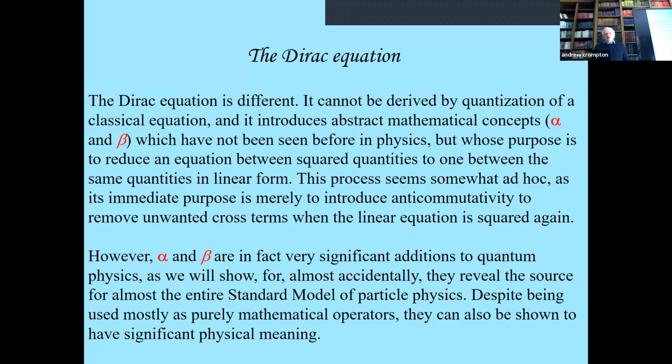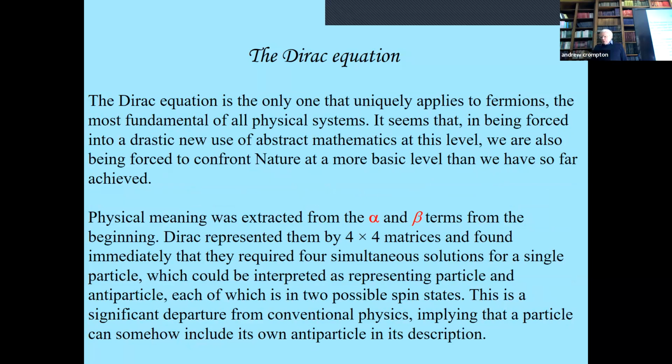Alpha and beta are actually incredibly significant introductions to quantum physics. We've not really got to the bottom of them yet because we haven't really understood everything about them. They're not just mathematical operators for convenience. There's something more than that. We'll show there's plenty of significant meaning. So the Dirac equation uniquely applies to fermions.